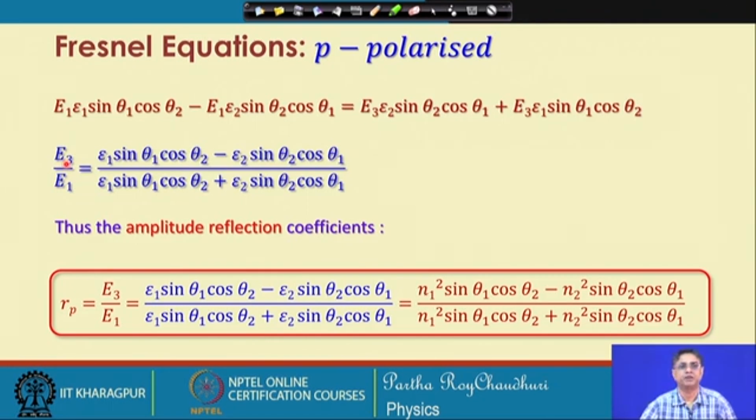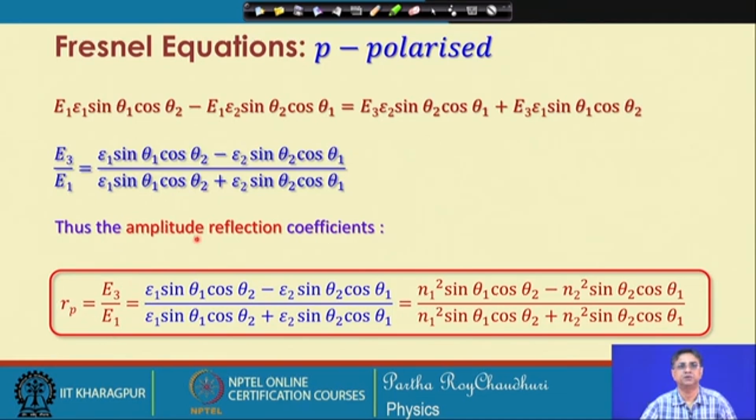Therefore, the amplitude reflection coefficient, which is given by E 3 by E 1, we will call this RP, because we are working with the p polarized light, that is the TM polarization. Therefore, RP is equal to E 3 by E 1.